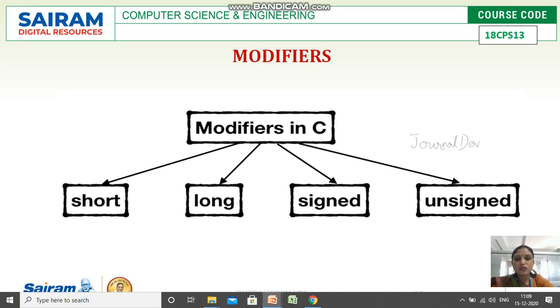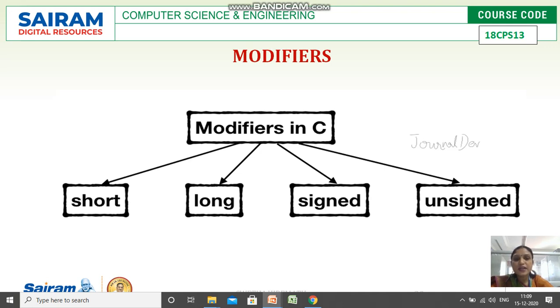That is, we are going to change their actual size. If only two memory locations are needed, then we have to minimize the size of our integer. If we want to minimize it, then we are converting it from int to short int. If we want to maximize, then we are converting integer to long integer, signed and unsigned.